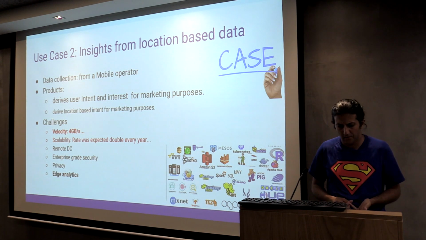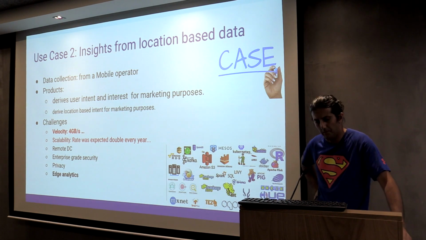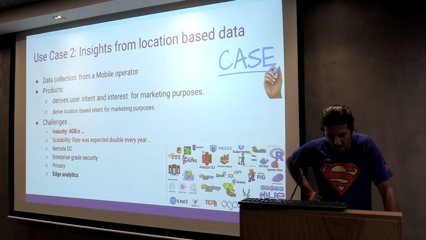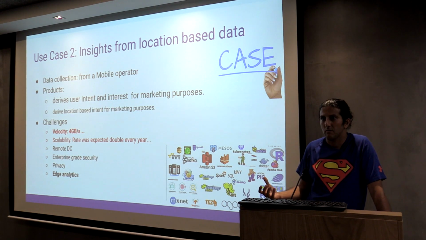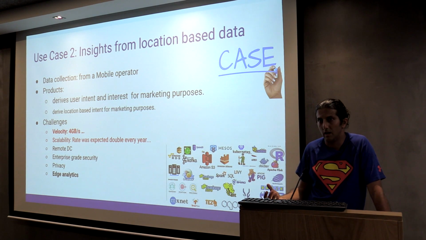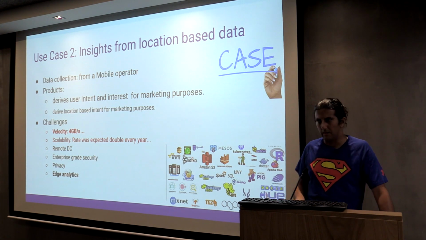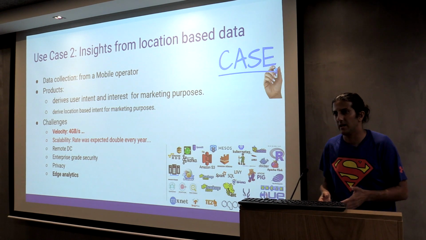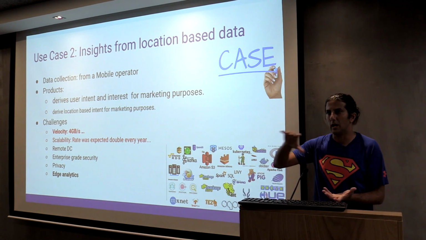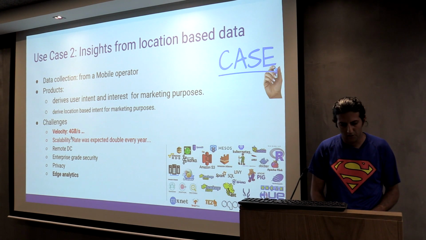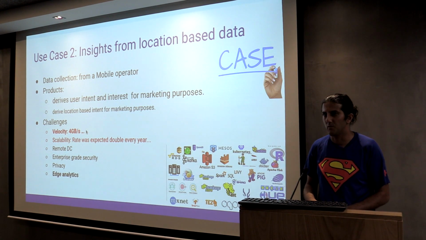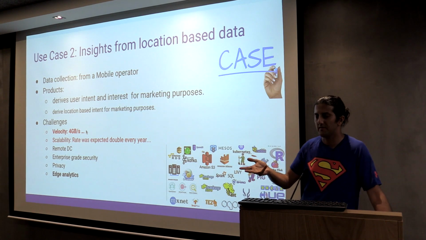The second use case was deriving location-based insights. It was an interesting use case because it was collecting data from the core network of a mobile carrier. Okay, that means you go to the data center of the mobile carrier, you put your system, you get a copy of the network into your system, and the velocity was 4 gigabytes per second, which is about 40 gigabits per second.